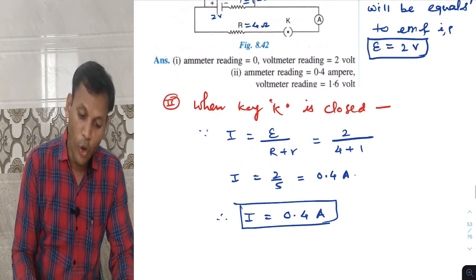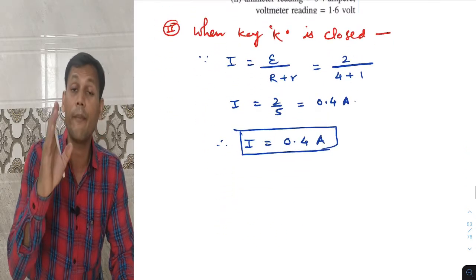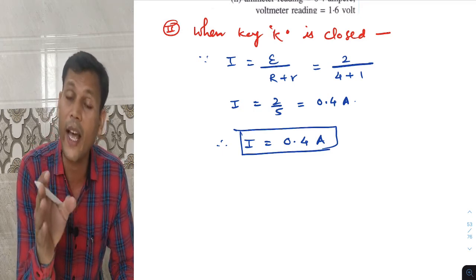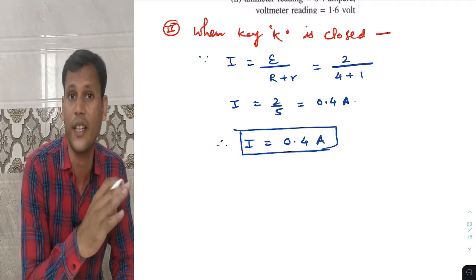Okay, and voltmeter reading. The voltmeter measures the terminal potential difference. So we will take capital R as external resistance.